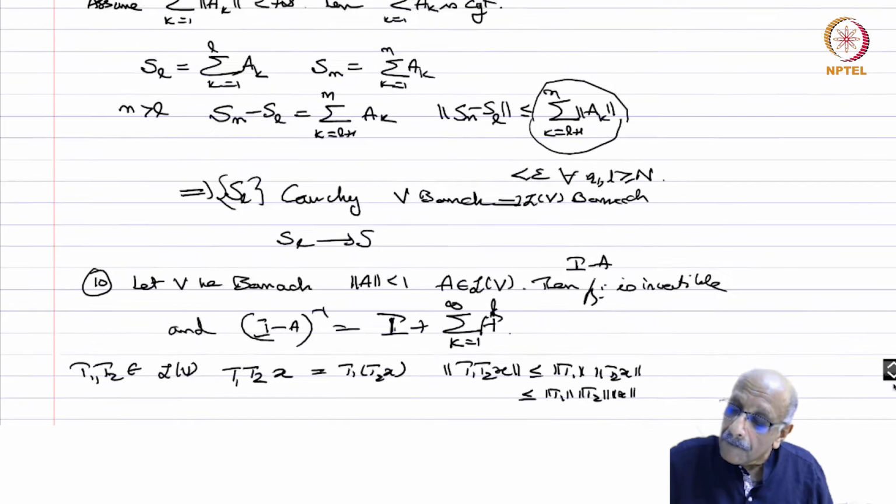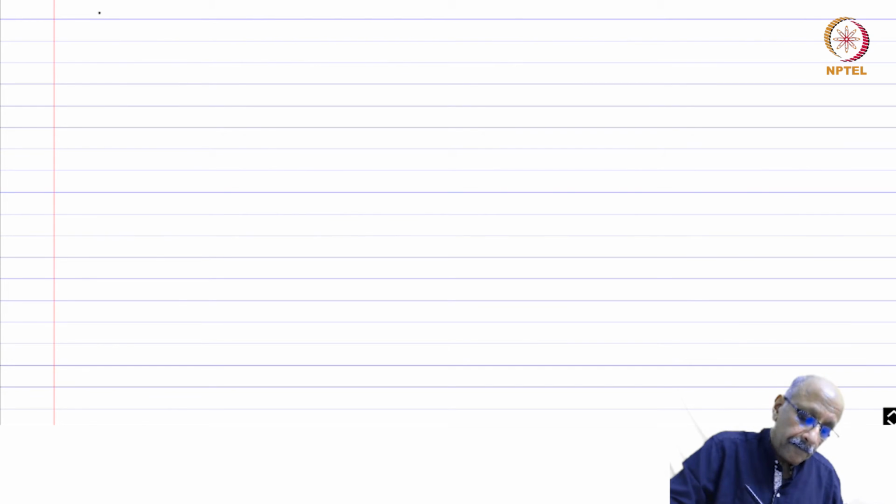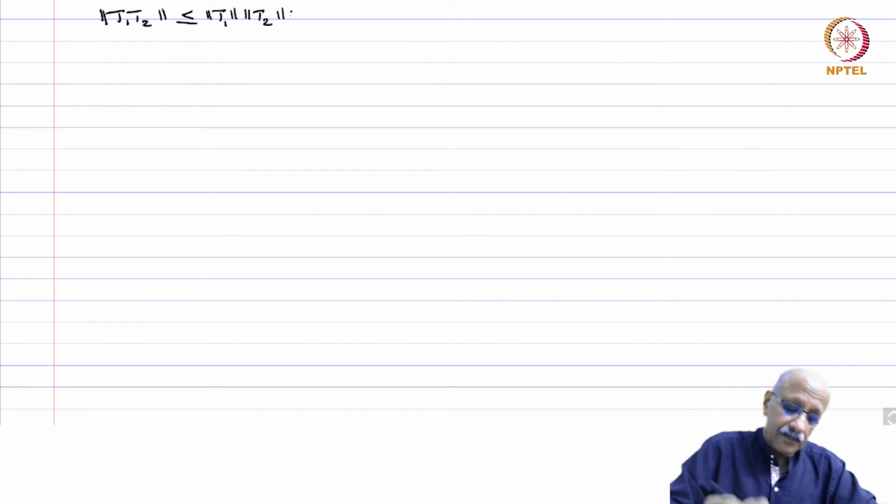Therefore T1 T2 is also in L(V), and norm of T1 T2 is less than or equal to norm T1 times norm T2. So norm of A to the power k is less than or equal to norm A to the power k.